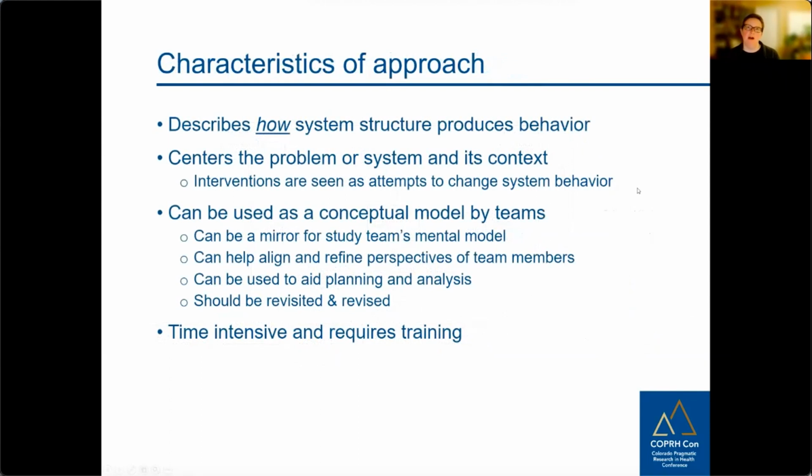So to recap, a system diagramming approach focuses on how system structure produces behavior or outcomes by capturing the interactions between factors at multiple levels. So it centers the problem or system and its context, starts with that, and then new interventions or strategies are seen as attempts to change system behavior, often in a good way.